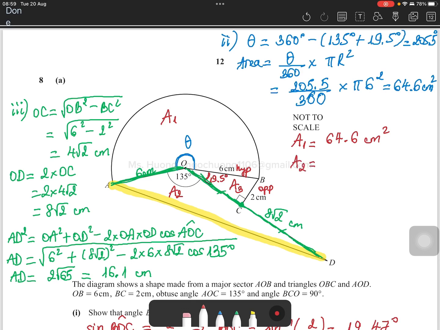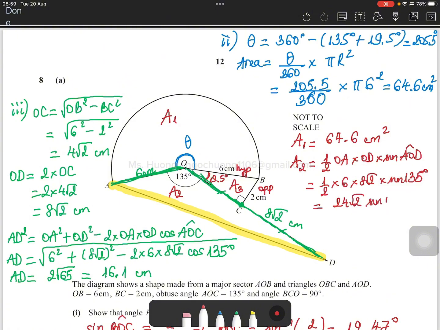So A2 is equal to 1/2 of OA multiplied by OD multiplied by sin of the angle AOD. So OA is 6, OD is 8 root 2, and the angle AOD is 135 degrees. So this one is equal to 24 root 2 times sin 135 degrees.